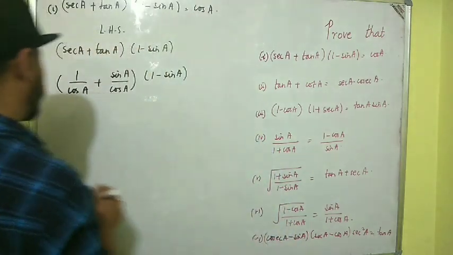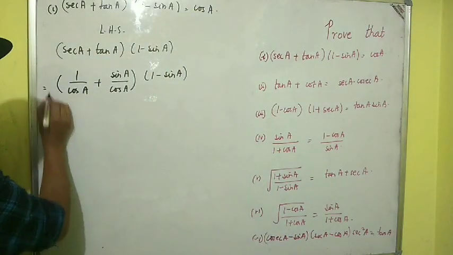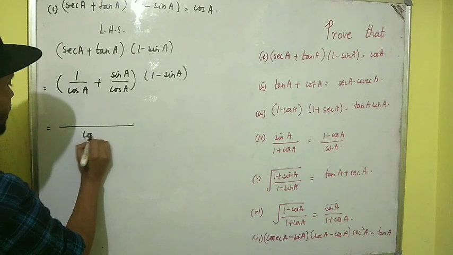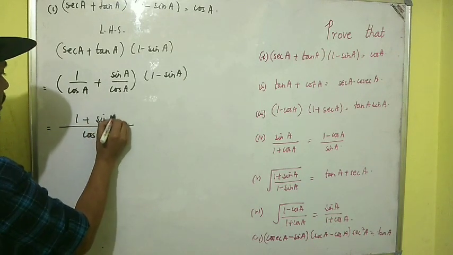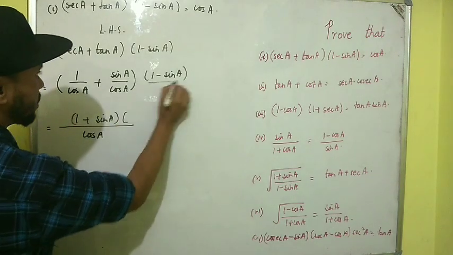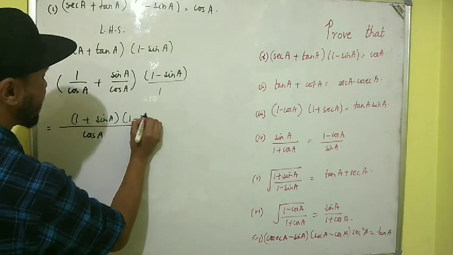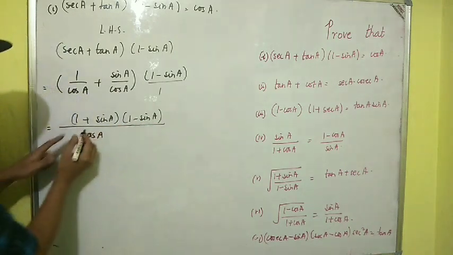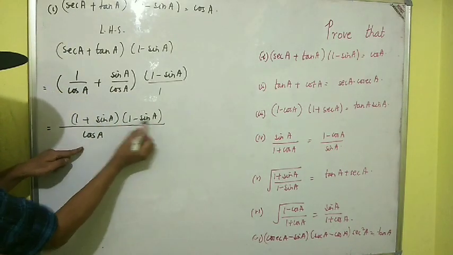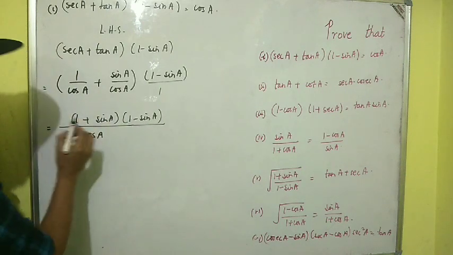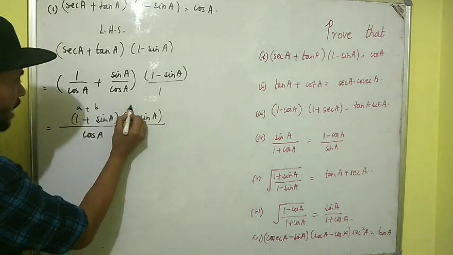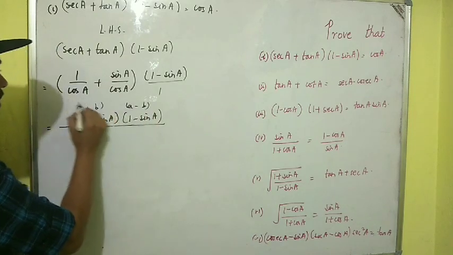Now let's take the LCM. The LCM is cos a, so this is (1 plus sin a) into (1 minus sin a), over cos a. If you look at this, the terms are the same, and only the sign is different. So can I use the formula (a plus b) into (a minus b)? What is that?